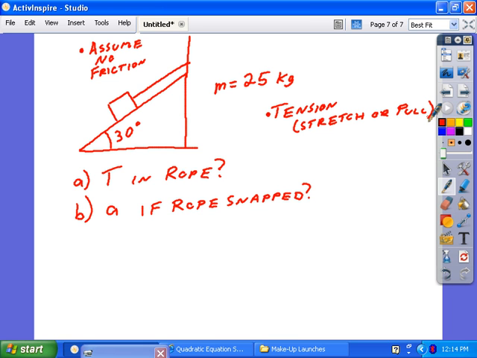So when I'm drawing forces that are due to tensions, I would assume that this is going to pull up on the wall. I'm sorry, pull up on the box. I apologize. Okay? So, I'm going to start with my free body diagram here. There's my box. Right now, the tension is obviously going to be going in the same direction as the rope.